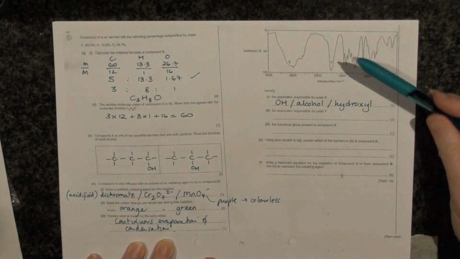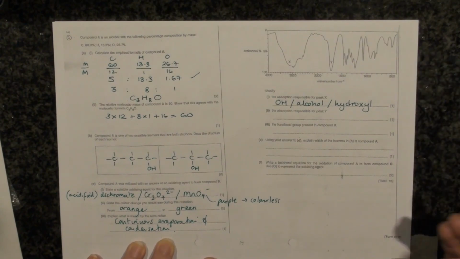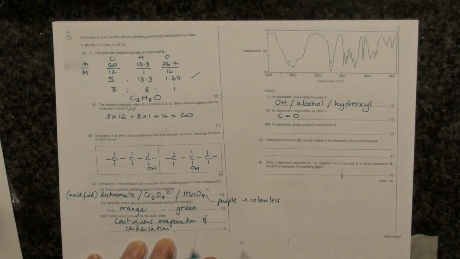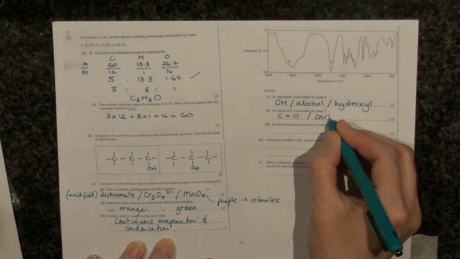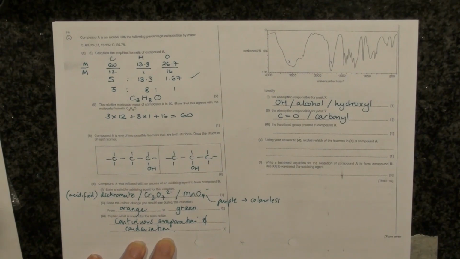The absorption responsible for Y, which is quite a sharp peak there, is the C double bond O absorption, which you should be getting familiar with now from your work on infrared. The alternative you can say there is a carbonyl group. They will accept that.